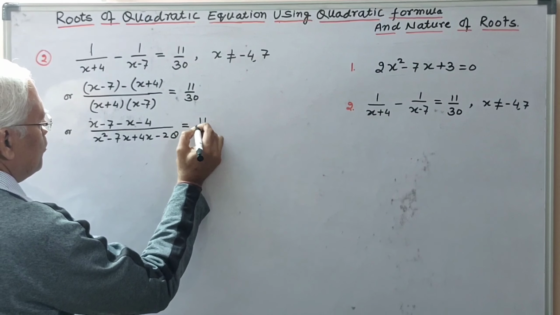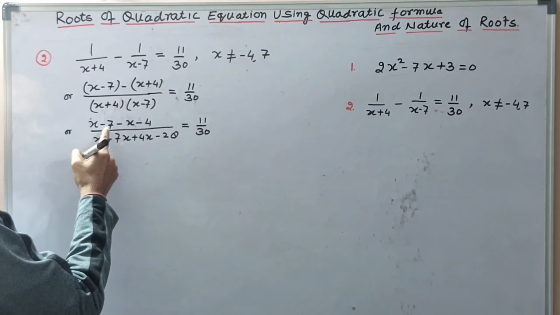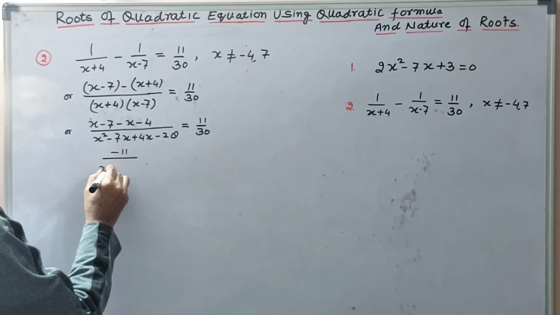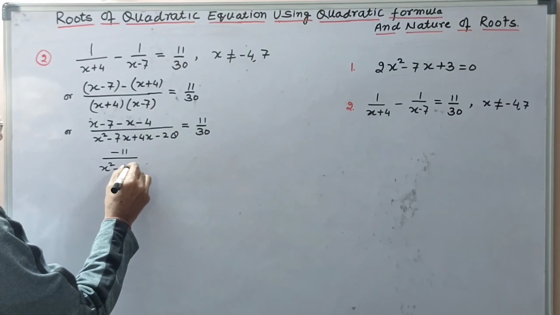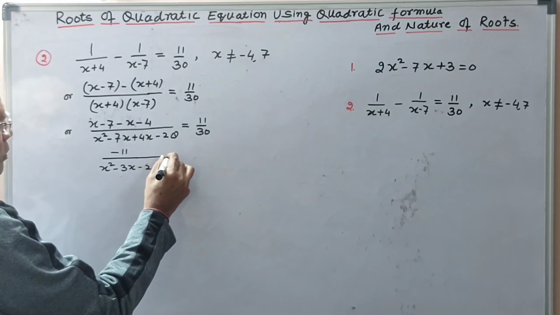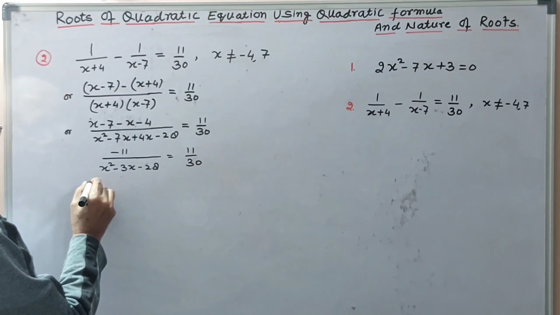This is equal to 11 upon 30. Here x and x will be cancelled. Minus 7 minus 4 minus 11 divided by x square, minus 7x plus 4x minus 3x minus 28. This is equal to 11 upon 30. Cross multiplication.